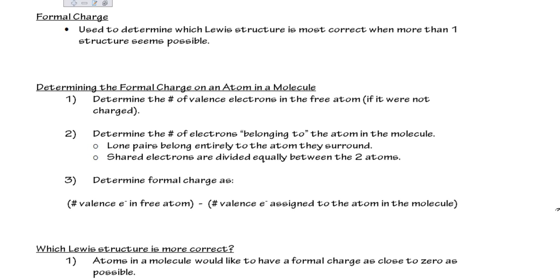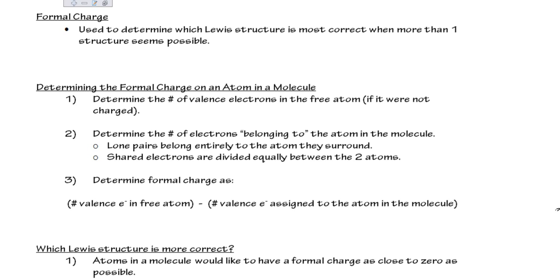Number two, I have to determine the amount of electrons that you've assigned to that atom in your structure. How many electrons belong to that atom in your molecule or polyatomic ion? So you're going to look for lone pairs. If there are any lone pairs of electrons, they belong entirely to that particular atom.